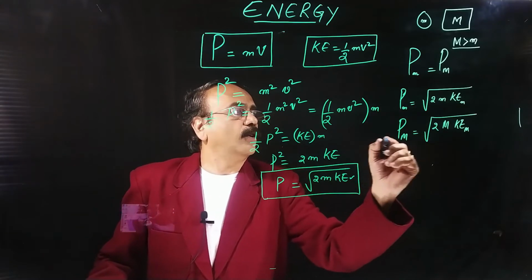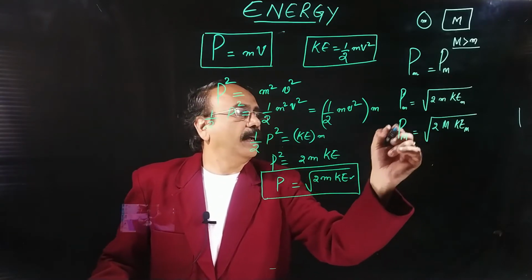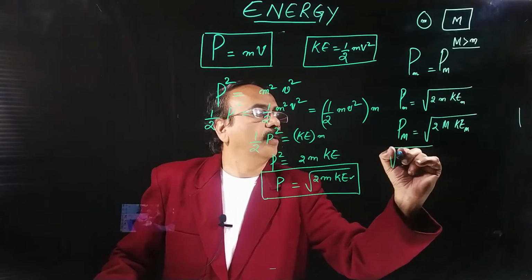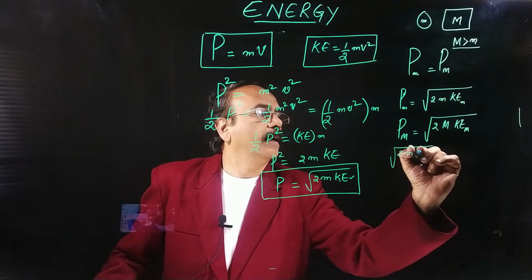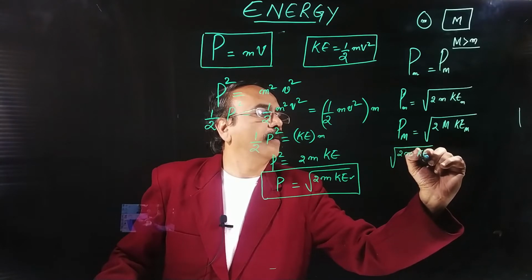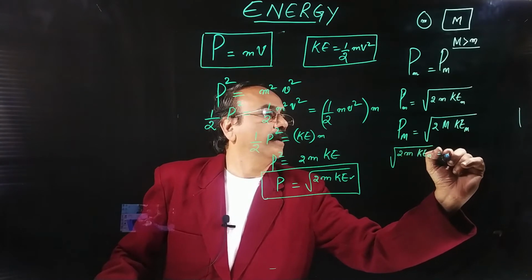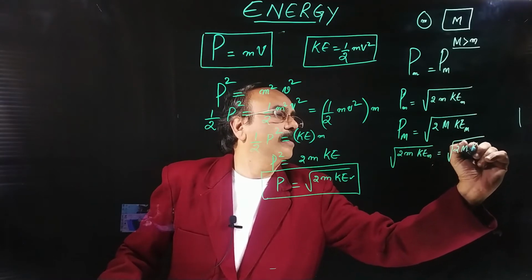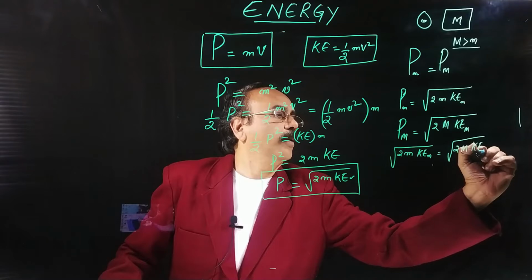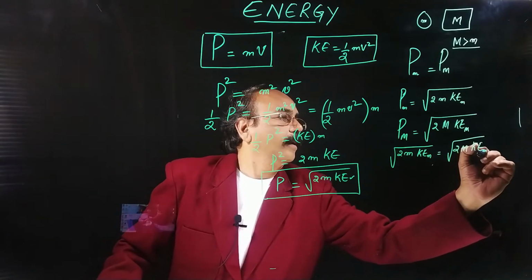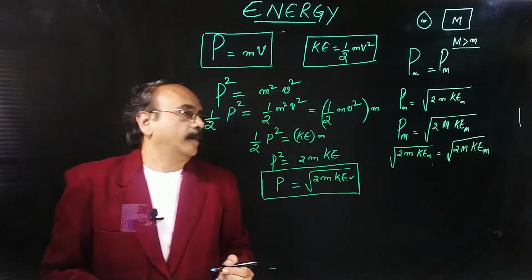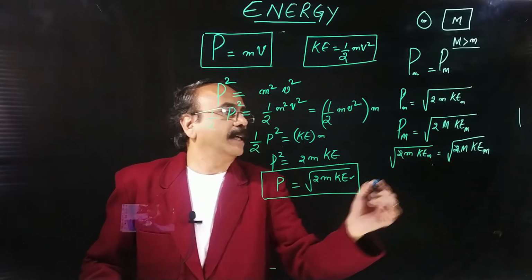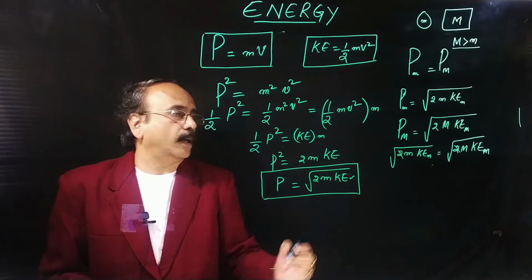So root 2 m kinetic energy of the lighter mass is equal to root 2 capital M, that is the mass of the heavier body, times its kinetic energy. Now we can cancel out this 2, and by squaring we can remove the root also.